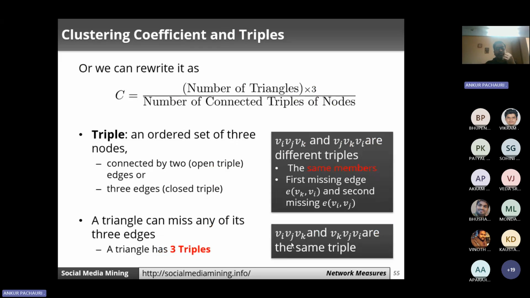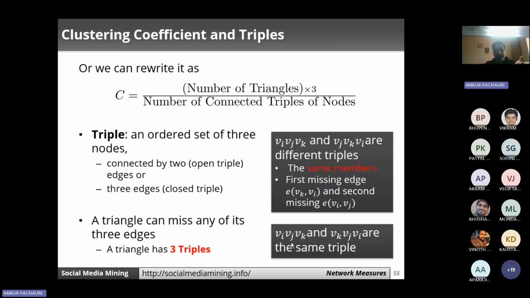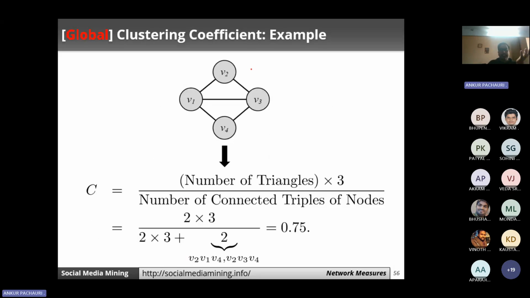So clustering coefficient and triples are the same thing. I think this was the example that we have solved: the number of triangles times the number of connected triples.